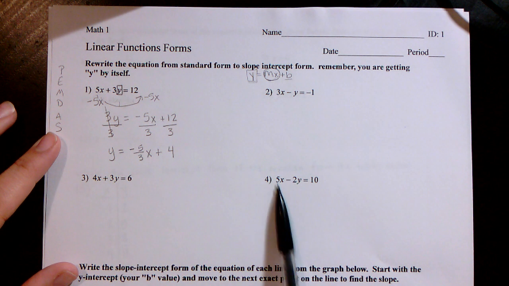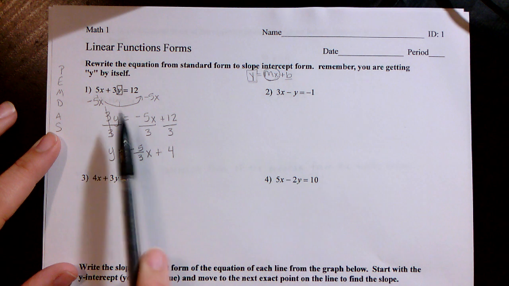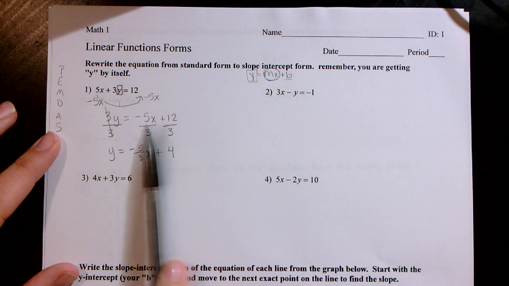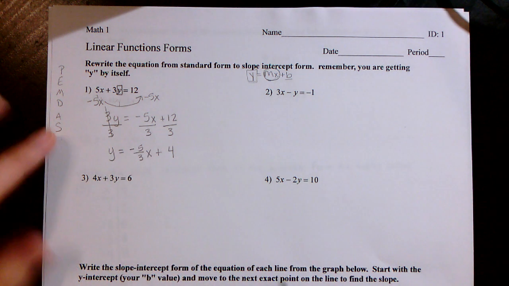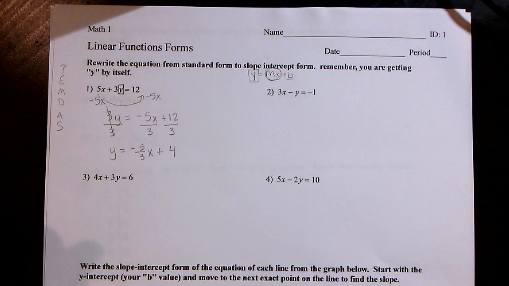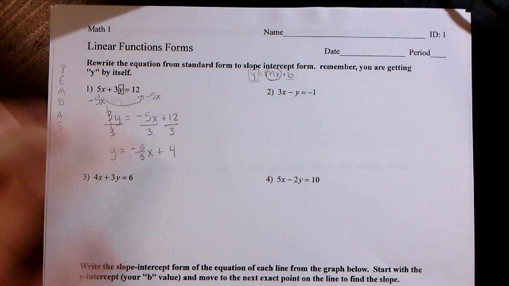In this one, I would move the 5x, subtract 5x, rewrite it, divide by negative 2. It's the same thing we did here. We subtracted 5x, so it's now on this side. We rewrite it, and we divide by 3. So there's typically 2 steps you do in these types of problems. So that's how you're rewriting from standard form to slope-intercept form.